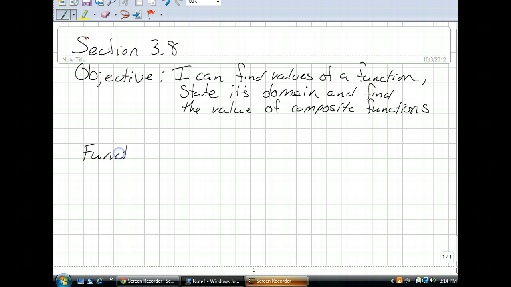A function is defined as a correspondence between two sets. Or in other words, a relationship between two sets.